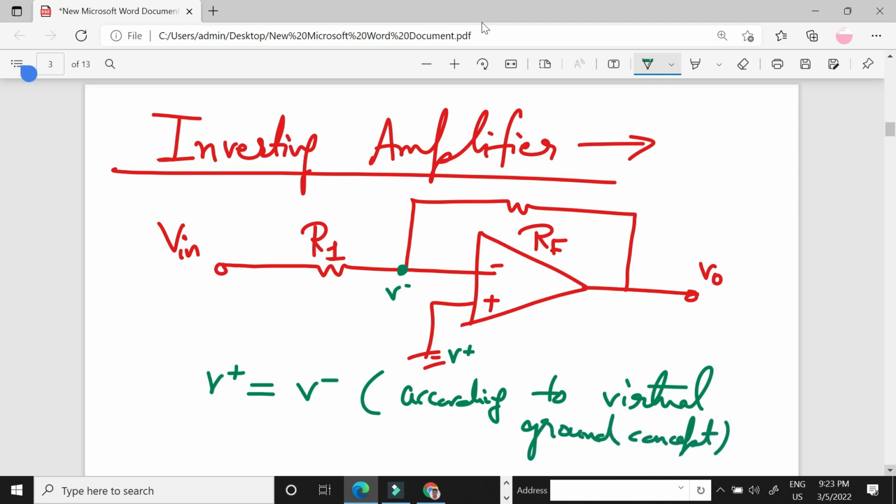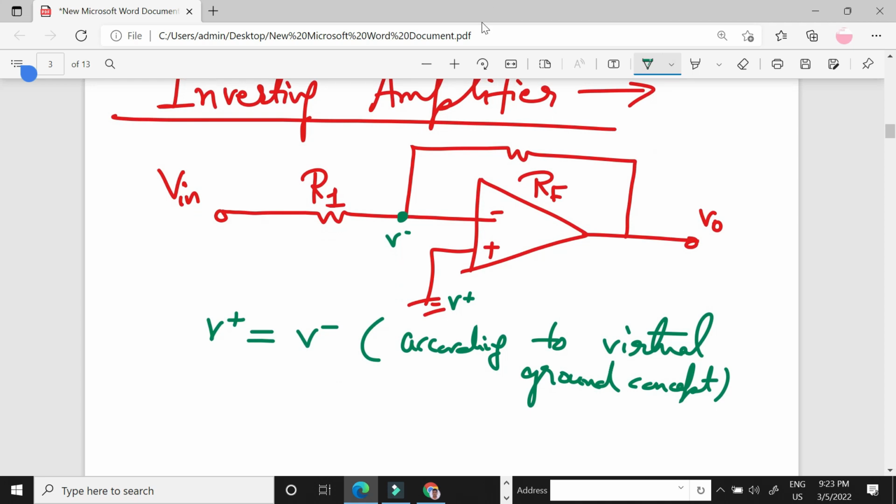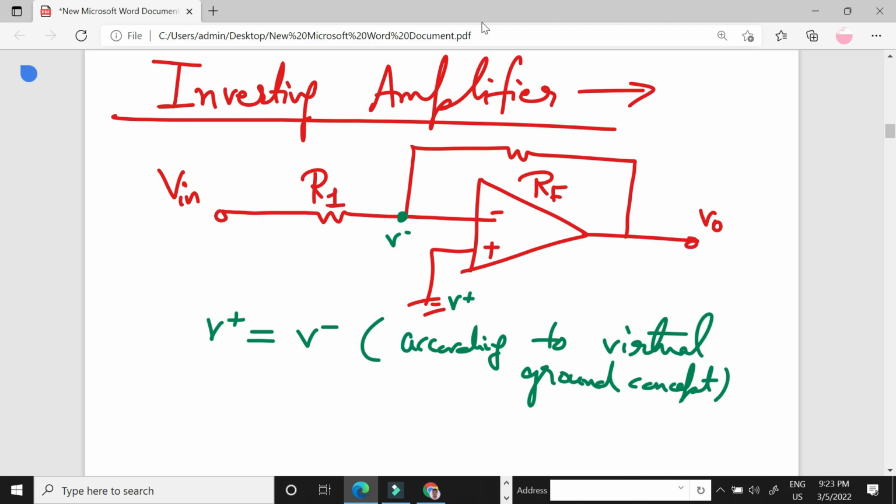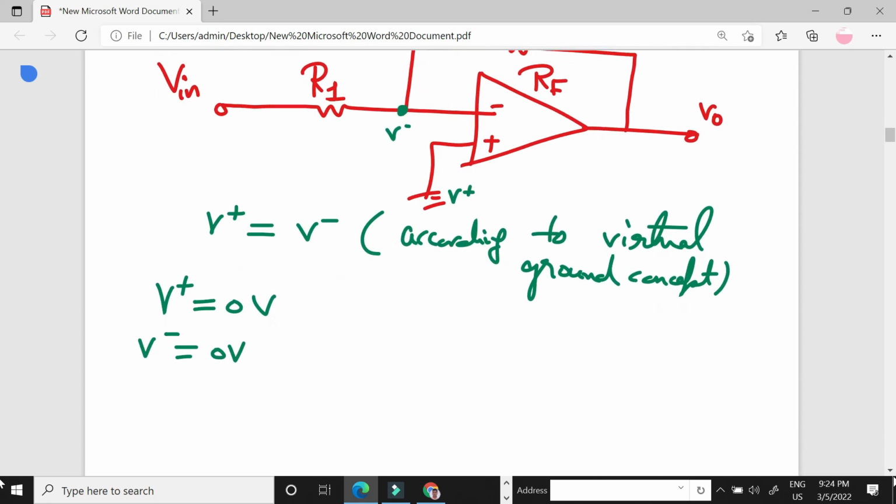So can we see the voltage at V positive? Yes, the voltage of V positive is 0 volt because it is grounded. So V negative voltage is also 0 volt. Now this is branch number 1 and this is branch number 2.